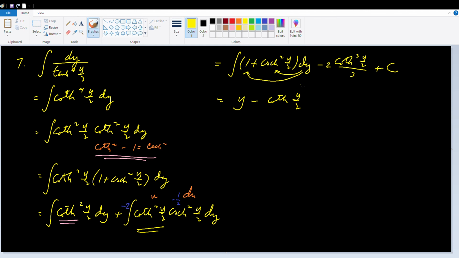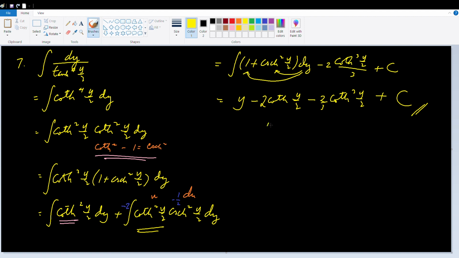So we have to introduce 1/2 inside and multiply it by the reciprocal 2. Then we just copy the last term, 2/3 hyperbolic cotangent cubed y over 2 plus c. And that is already our final answer.